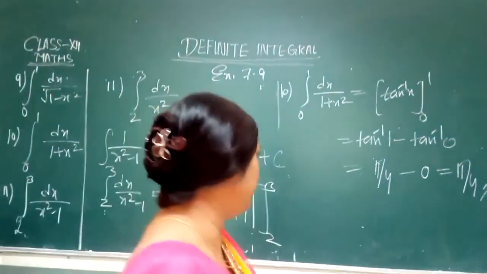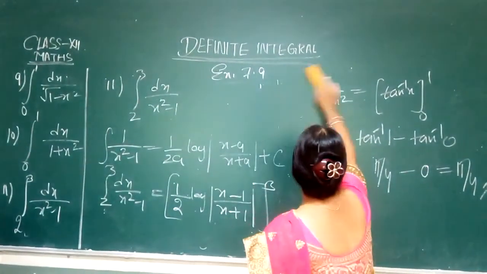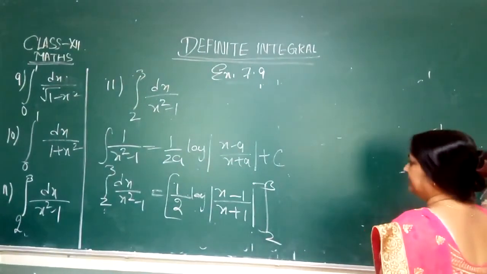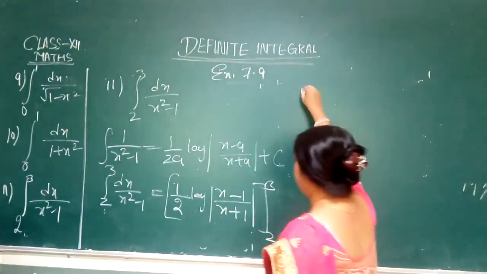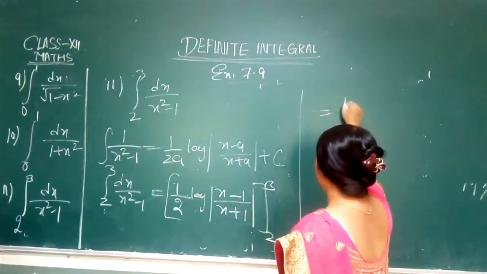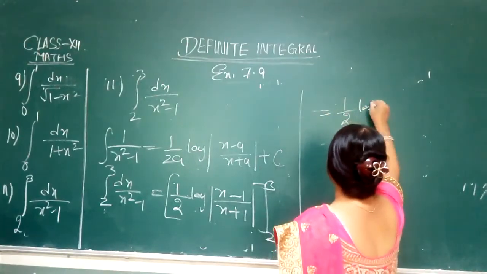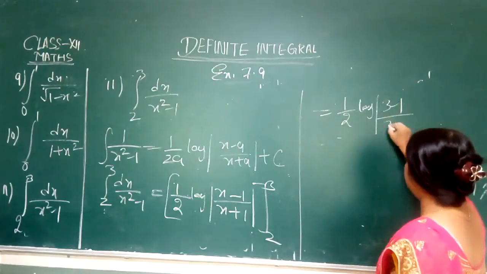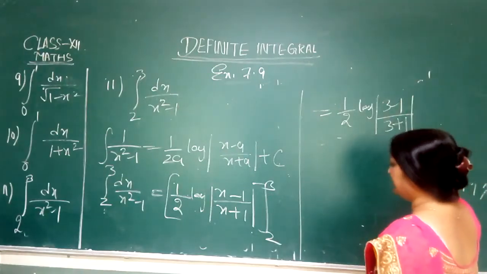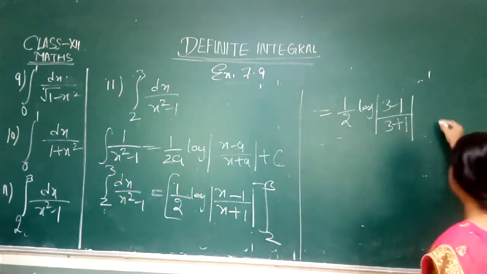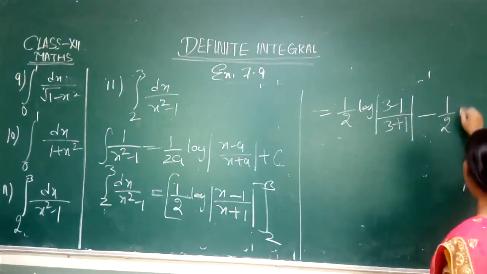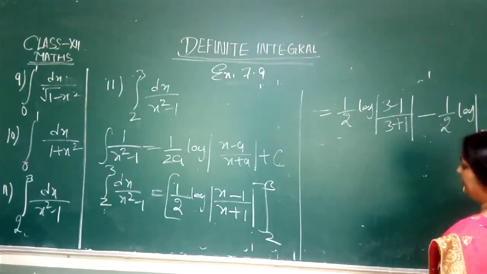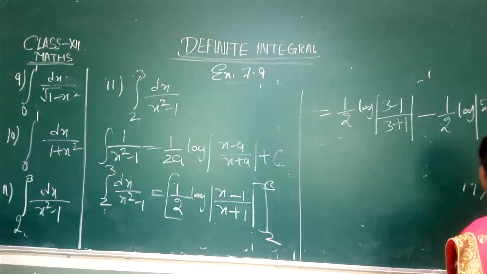That is the formula, and we are using a definite integral, so we will put the limit here. After putting the limit, it is coming half log of 3 minus 1 upon 3 plus 1. First we are putting the upper limit, then minus half of log of the lower limit, 2 minus 1 upon 2 plus 1.